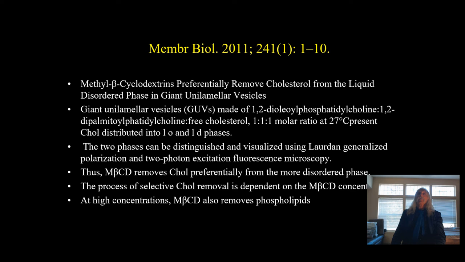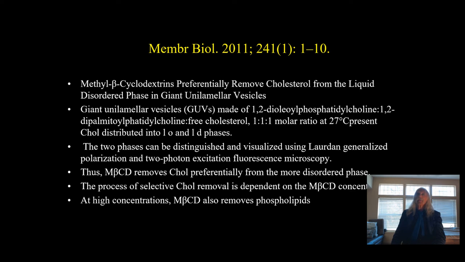So it removes cholesterol from liquid disordered phase in giant vesicles. This is all an in vitro study, obviously. So giant unilamellar vesicles, or GUVs, made of 1,2-dioleoylphosphatidylcholine, 1,2-dipalmitoylphosphatidylcholine, and free cholesterol in a ratio of 1 to 1 to 1. These are just glycerol lipids necessary to make the vesicle. And they're pretty common, dioleoyl PC and dipalmitoyl PC, okay?